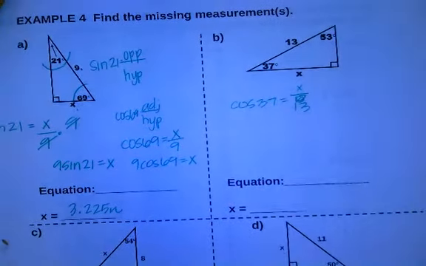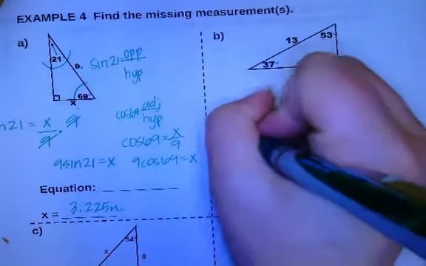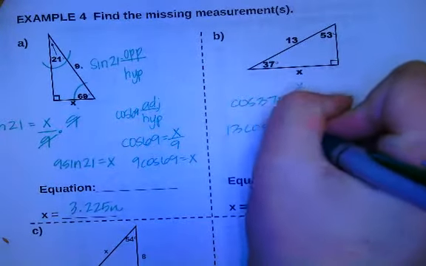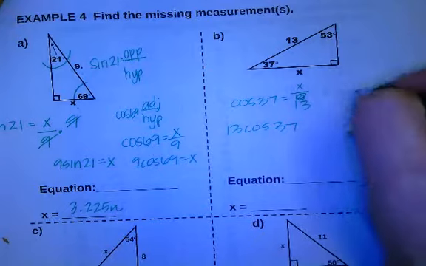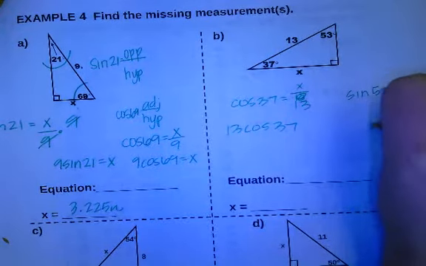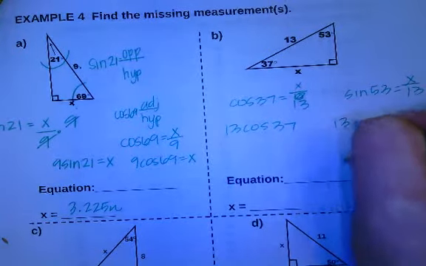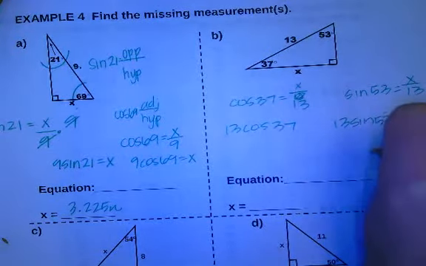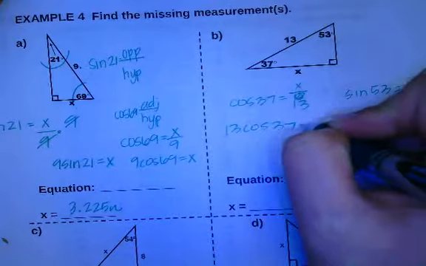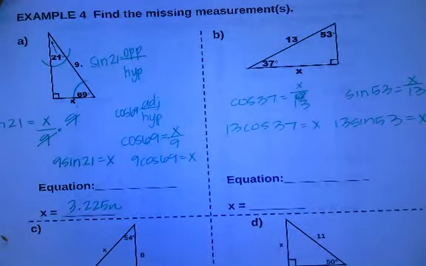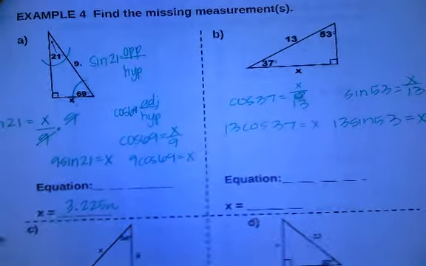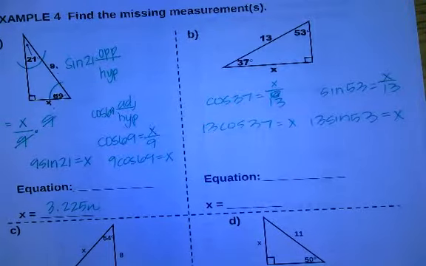Okay, so you have 13 cos 37. What about if you used 53? Sine 53 equals x over 13. So you could have done either or. You don't have to do both of them. And so what does x give you?